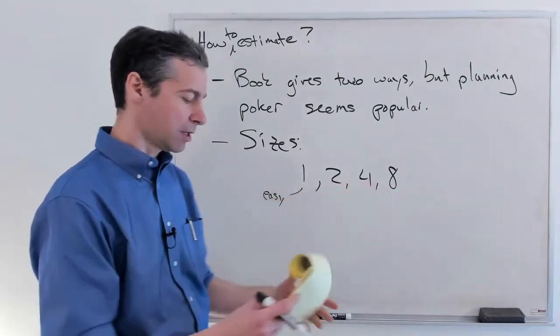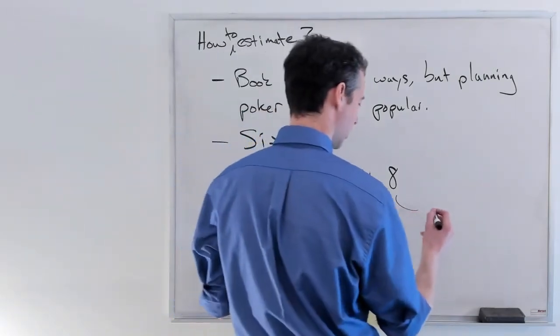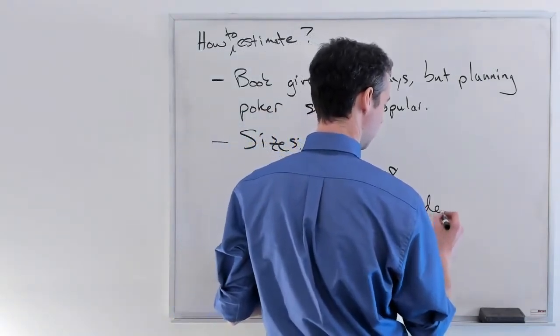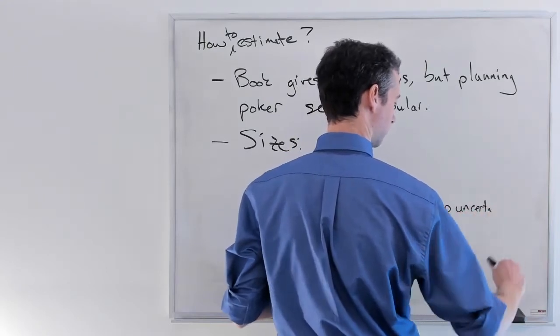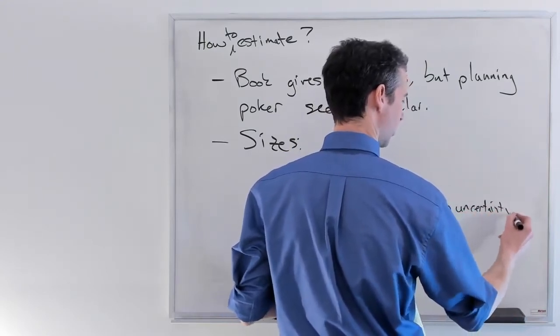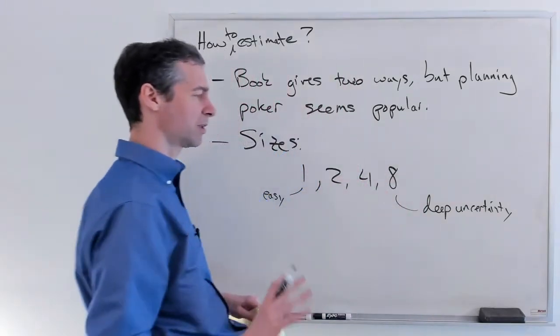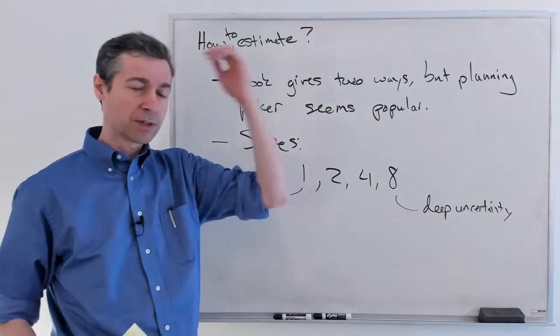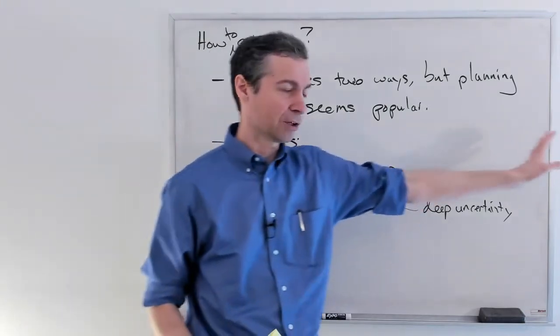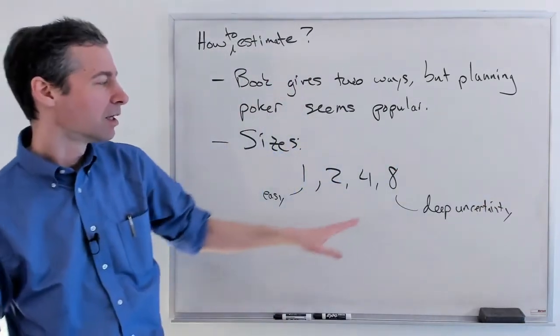At the other end of the spectrum, there is deep uncertainty in these. There's a lot of work there. I'm not sure what it's going to take. You're not allowed to have any stories at 8 or 16 or whatever higher.